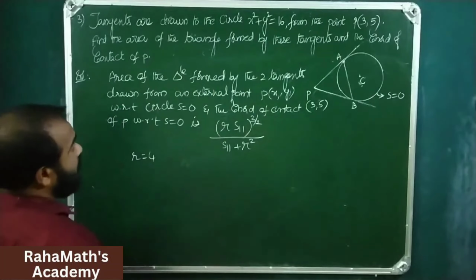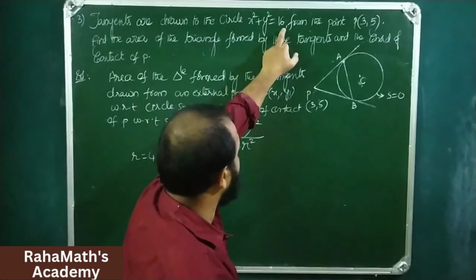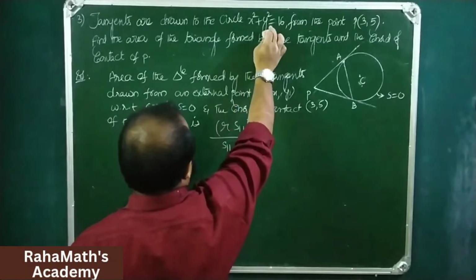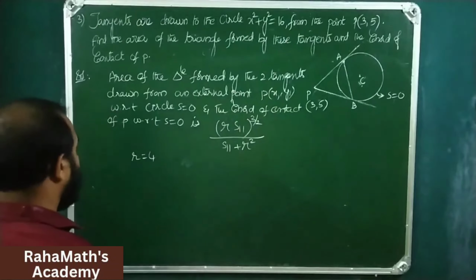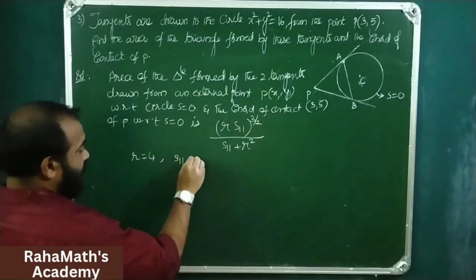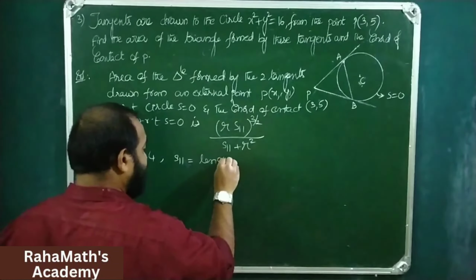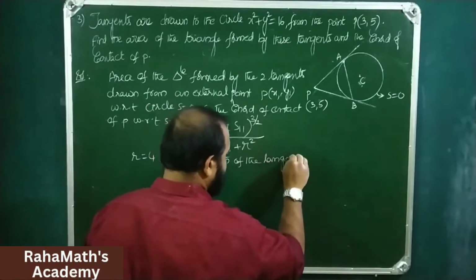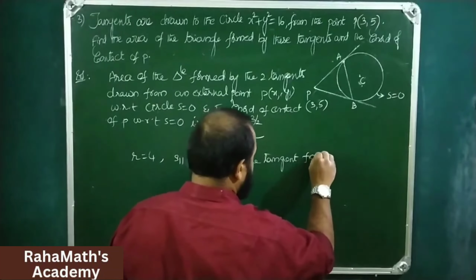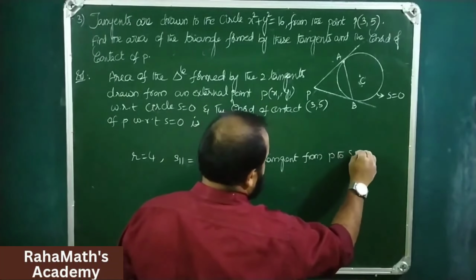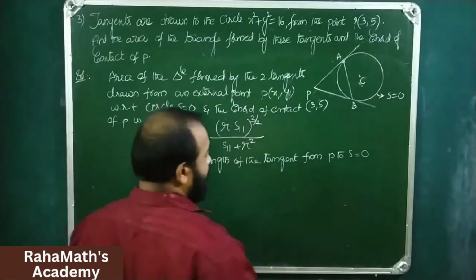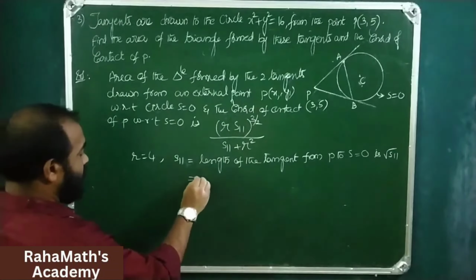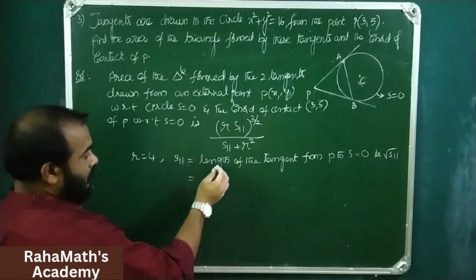Radius is equal to 4, because x square plus y square equals r square, R square is 16, r is 4. This is the standard equation of the circle whose center is at the origin. S11 is the square of the length of the tangent from P to S equals 0, which is root S11.